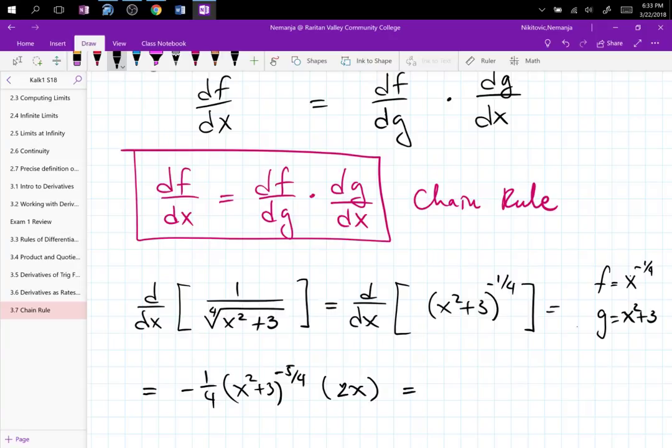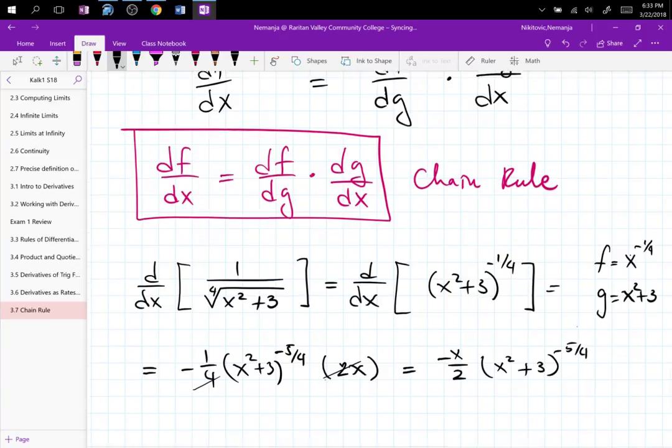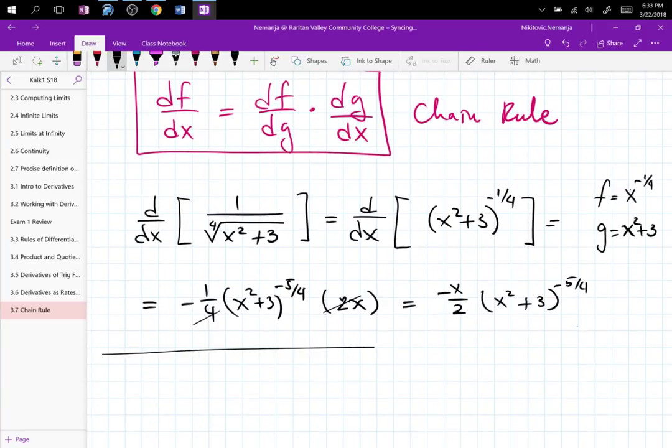So what do I have? 2 and this cancels, so it's negative x over 2. Right? 2 and 4 cancel. So you have negative x over 2 times (x squared plus 3) raised to the negative 5/4. So stare at this problem a little bit.